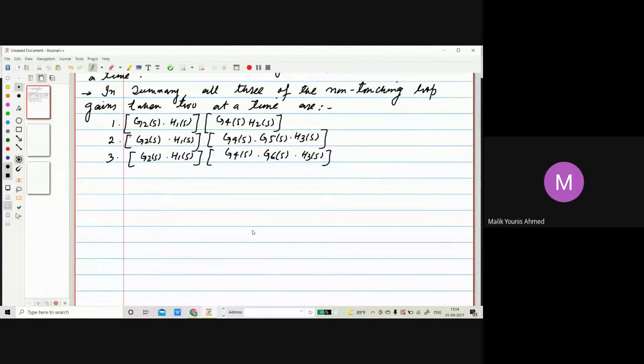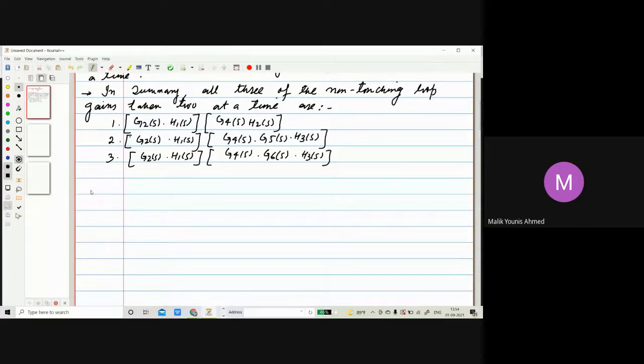In this case, we don't have any non-touching loop gains. The product of loop gains, sorry, yes, three at a time we can also take. But in this case, the product of loop gains like G4 of S, G5 of S, H3 of S, and G4 of S, G6 of S, H3 of S is not a non-touching.